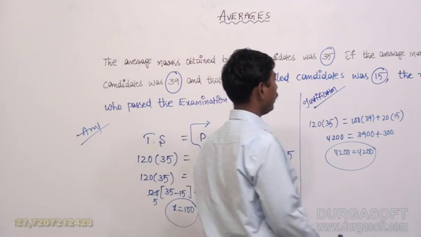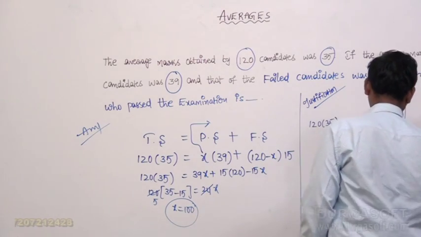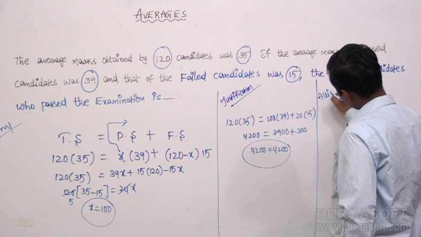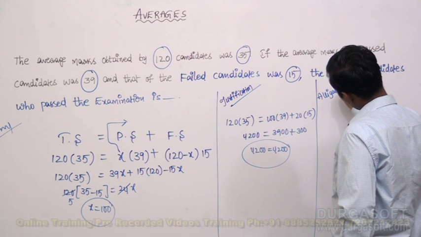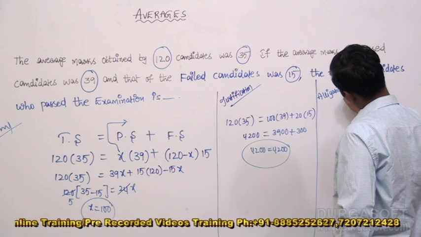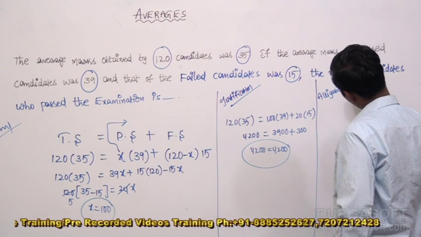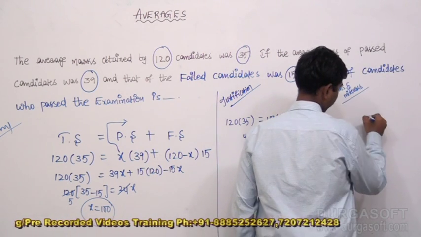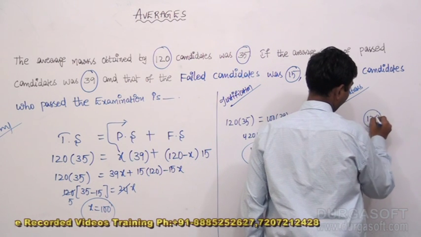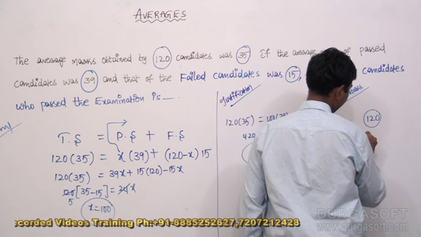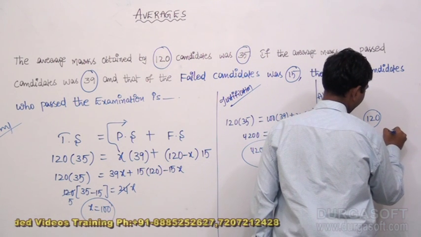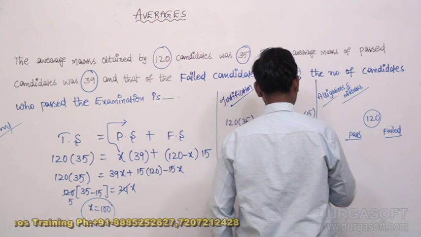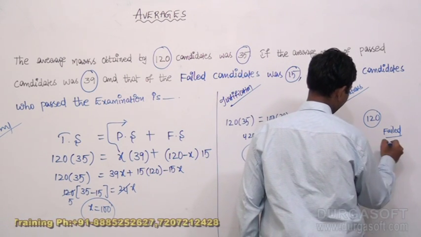When we go for the allegation method, my dear guys, in alligations and mixtures, total how many students? 120 students. Here we have the passed students' average and the failed students' average. The average of passed candidates is 39, failed candidates 15.